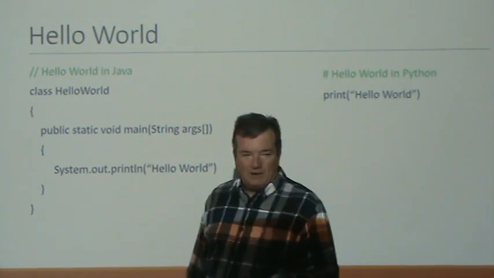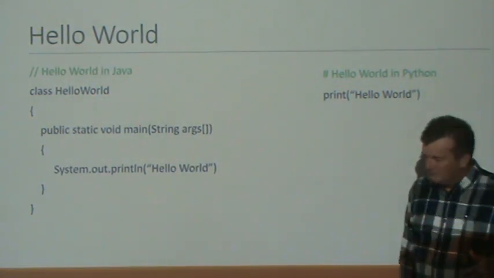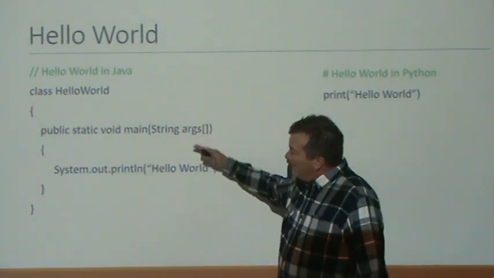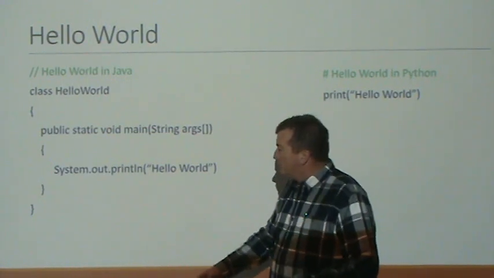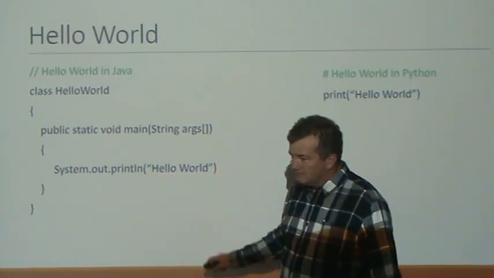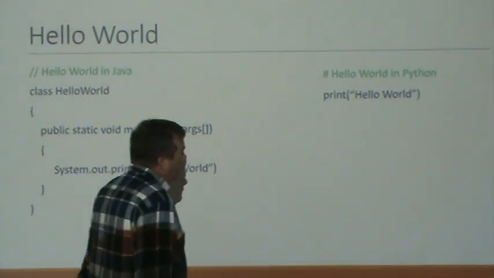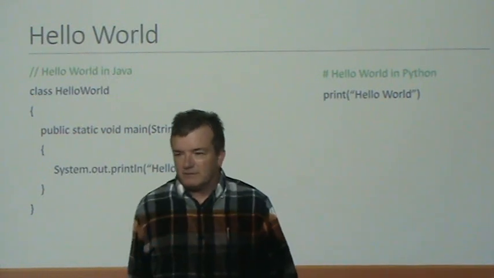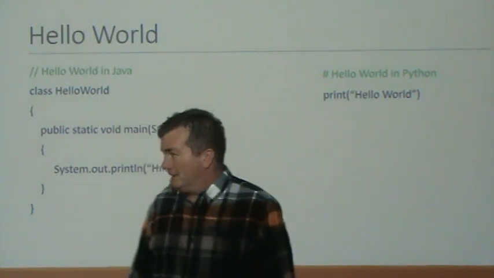So if you have no idea what object-oriented programming is, and you don't know what classes are, you're new to programming, you have to do a lot of stuff that you do not understand just to print out the phrase "Hello World." To do the same thing in Python, you say print "Hello World" in parens, and that's it. So that's kind of the idea behind Python.